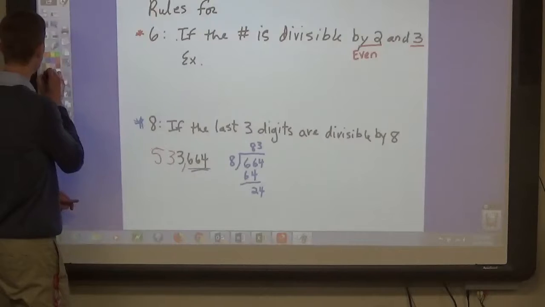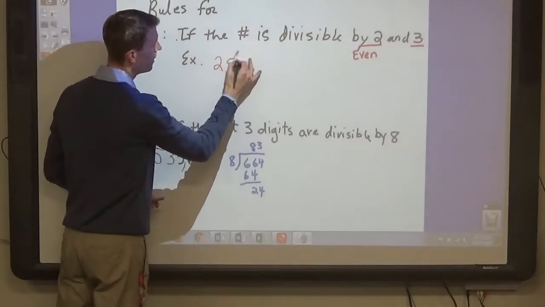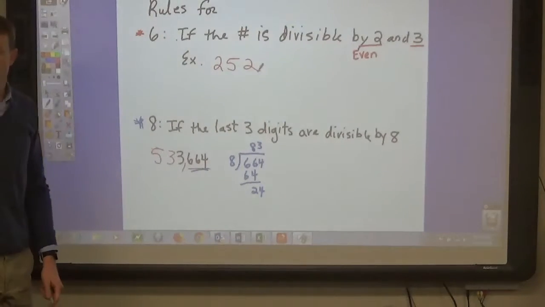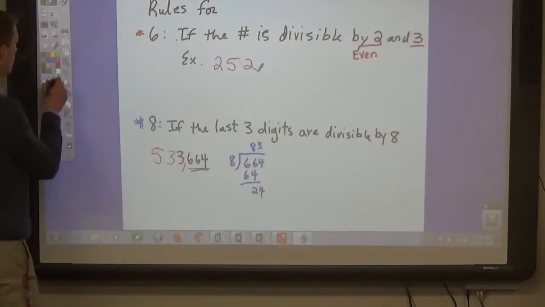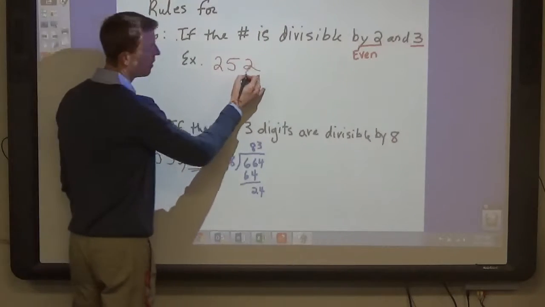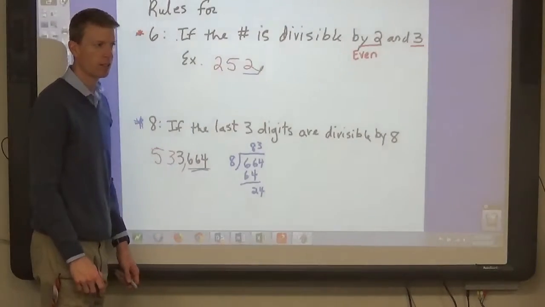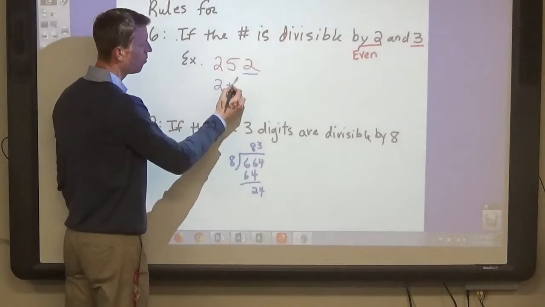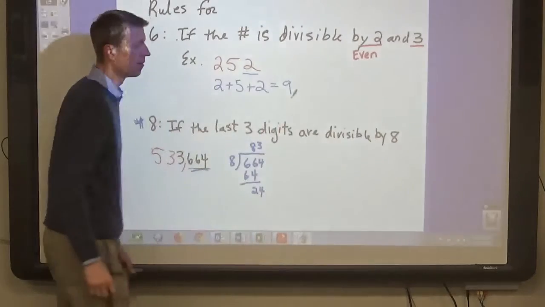So, for example, 252. Is that number divisible by 6? Well, here's how you tell. First of all, it is divisible by 2 because it's even. And then, if you add the digits, 2 plus 5 plus 2, you get 9.